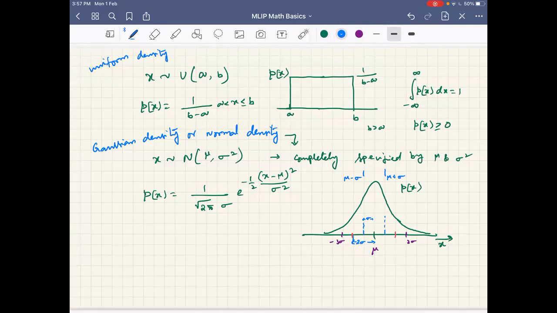What is special about this Gaussian distribution is that the probability that x takes a value between mu minus sigma and mu plus sigma, most of the energy is in fact concentrated there.